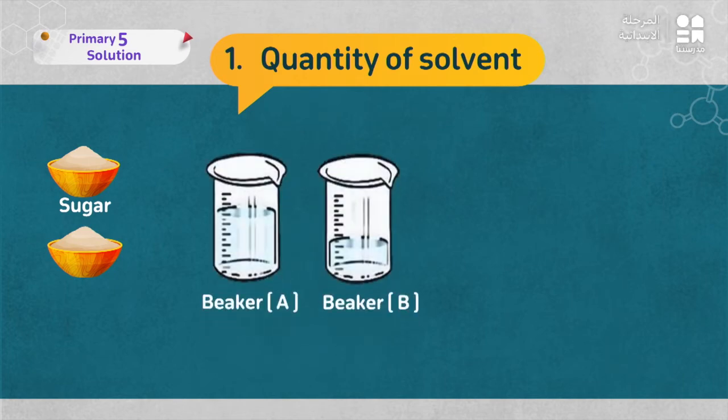And 2 beakers of solvent with different amount. It means different in quantity. يعني كمية السولفنت اللي موجودة هنا في البيكرز مختلفة. In beaker A عندنا large amount of water، لكن beaker B عندنا small amount of water، كمية قليلة من الووتر which is the solvent. هنحط الشوجر في ال 2 beakers، كل بيكر هنحط فيه spoon of sugar.